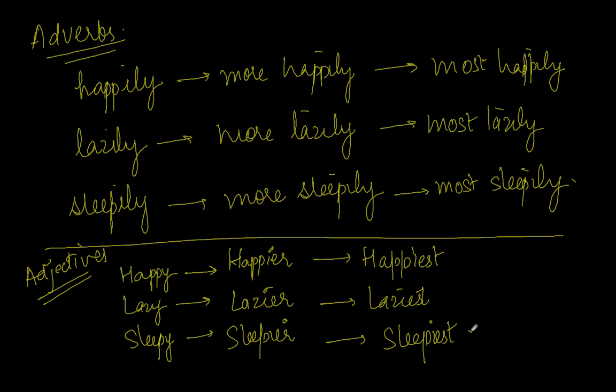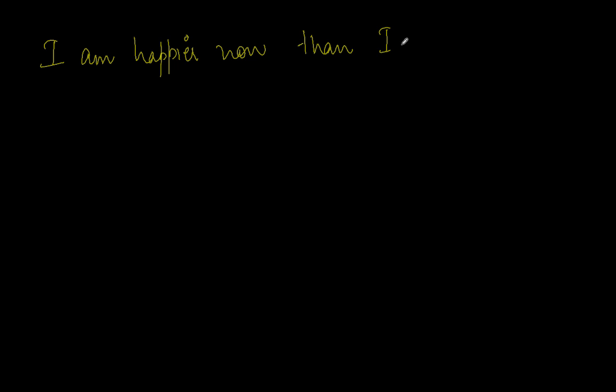And just to end everything, I'm going to give you a few examples. For example, I am happier now than I was yesterday. So I'm comparing the happiness levels today and yesterday. Happier now than I was yesterday.